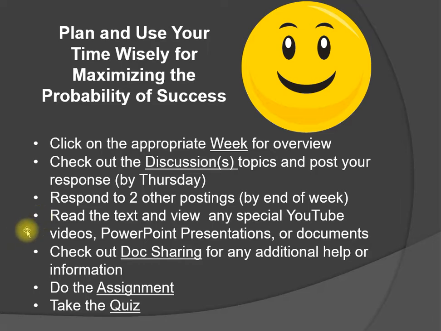You click on the content, you look for the overview, you check out the discussion topics, and you have to make your initial post by Thursday. So please do that because it gives you more points. Then before the end of the week, before that Sunday at midnight, you respond to 2 other postings. That's probably your easiest way to get a grade. Those points are probably the easiest in the whole course.